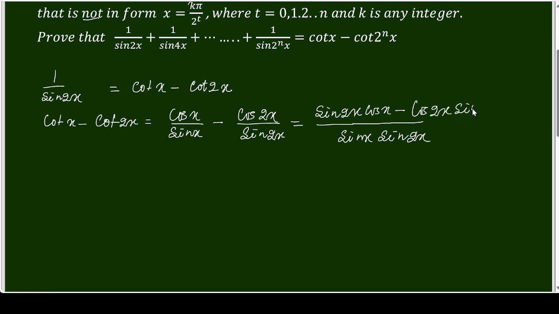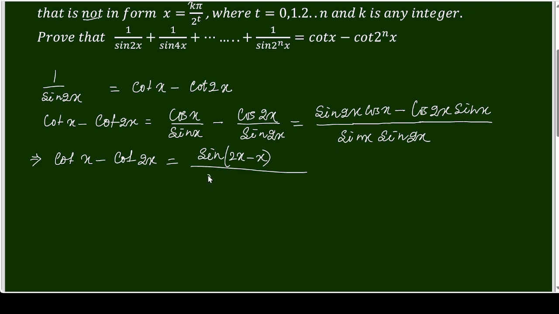This is nothing but sine of 2x minus x. So cot x minus cot 2x equals sine x over sine x into sine 2x. You must be noticing that we are getting 1 over sine 2x.